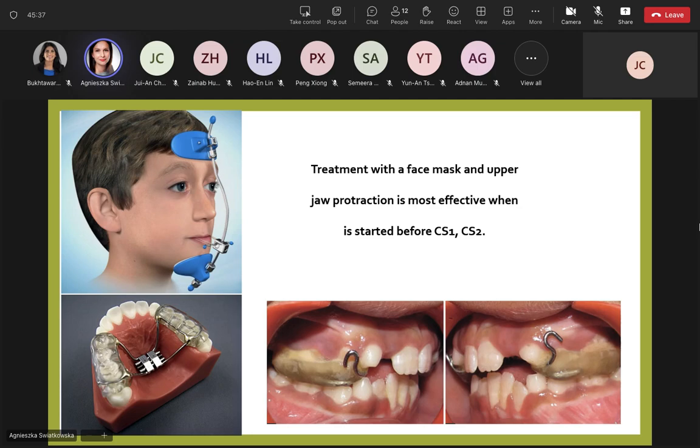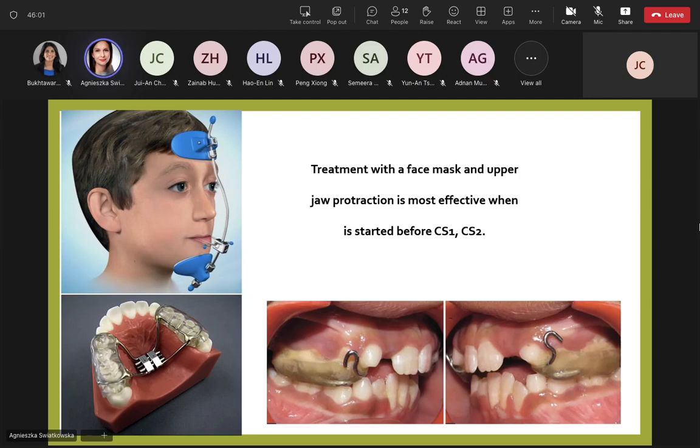So the lower border of all of the vertebra should be flat. And usually the child is under 10 years old. The best situation is to start this treatment even before 9 years old. Then we can expect a better result.